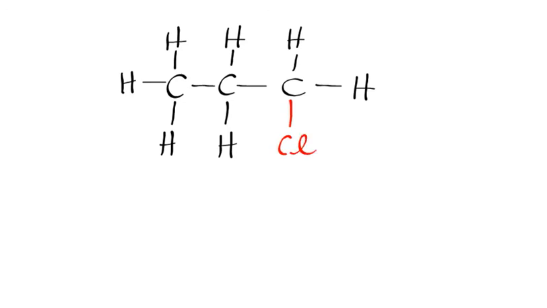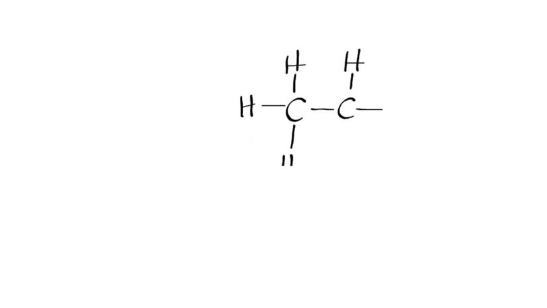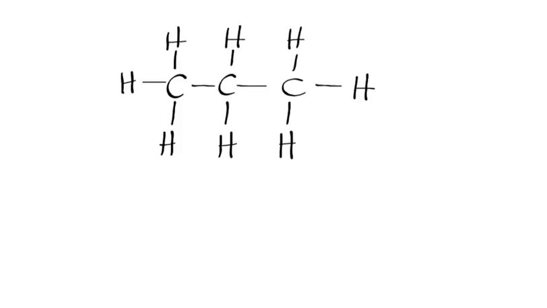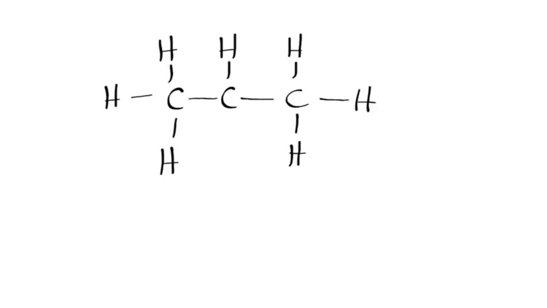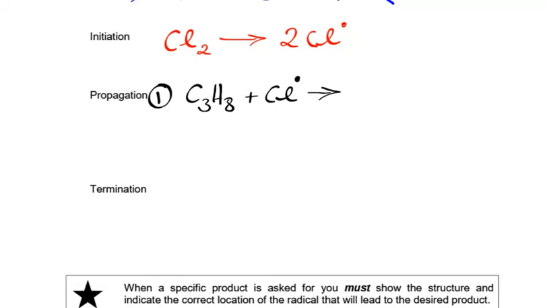So instead here I want to remove a hydrogen from the central carbon, and this will give us the 2-chloropropane that we've been asked to produce. And let's show that in our balanced equation. So we'll make the central carbon the radical as well as the HCl produced.